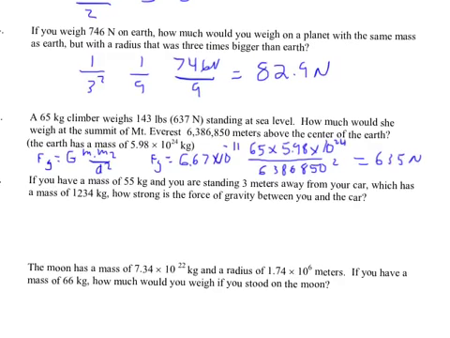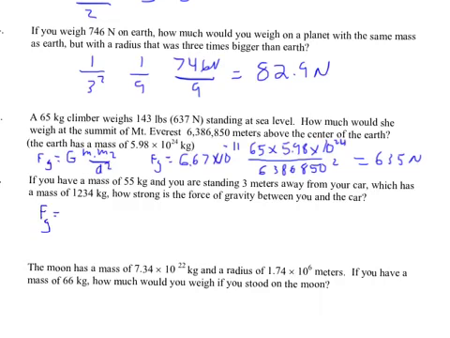Let's see. I know I have an M1, and I have an M2, and I have a D. So what I want to know is how strong is the force of gravity between me and the car? All objects pull on all other objects with gravitation, including me and my car. Let's just see how hard my car pulls on me. So I'm still, like last time, looking for the force of gravity between 2 objects.